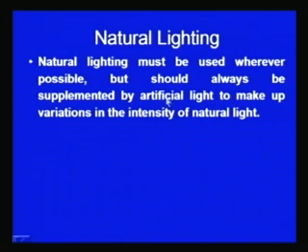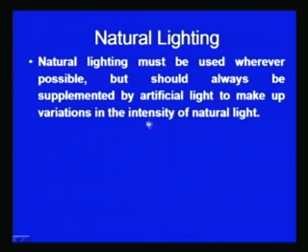As far as possible, natural light should be used, but care should be taken that artificial light is also used to make up the variation in intensity of the natural light over the whole day, because at one location the intensity of the natural light will be varying. Therefore, the artificial source of light should be used in order to accommodate those variations, and natural light should be used in association with artificial light.